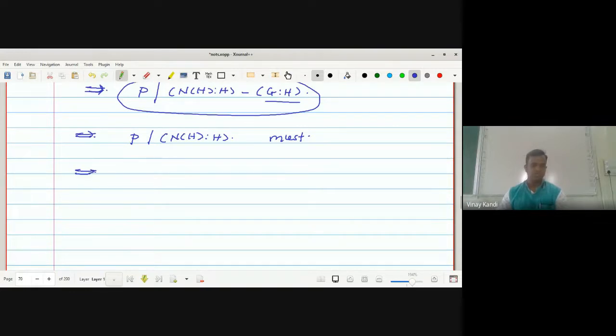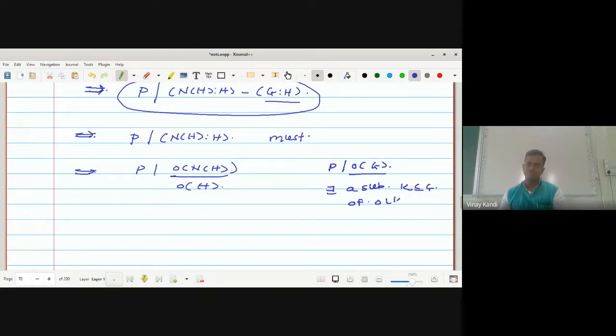So this implies, what is the index of H in N(H)? p divides the order of N(H) divided by the order of H. Now again by using Cauchy theorem, if p divides the order of G, then there exists a subgroup K of G such that the order of K is equal to p.